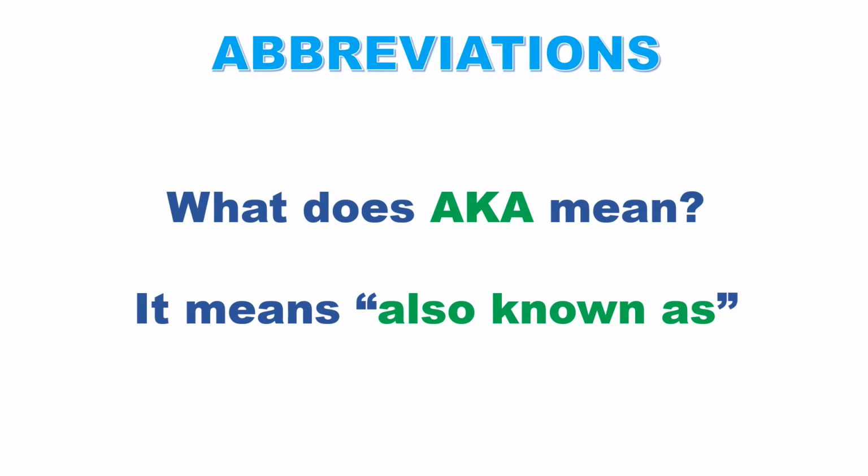Okay, so when something has two different or possible names, one of them is said first, and then you say aka, and the second one, which is probably the one that people know most often, most frequently, like Pelé, for example. People just call him Pelé. People don't call him Edson Arantes do Nascimento. So his name is Edson Arantes do Nascimento, but he's known as Pelé. He's also known as Pelé, right?